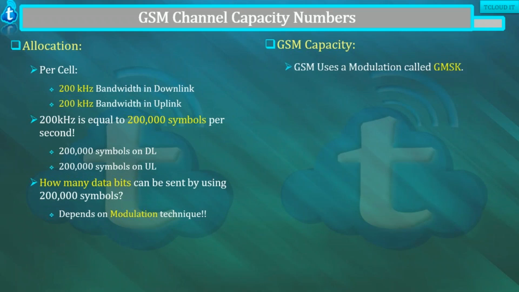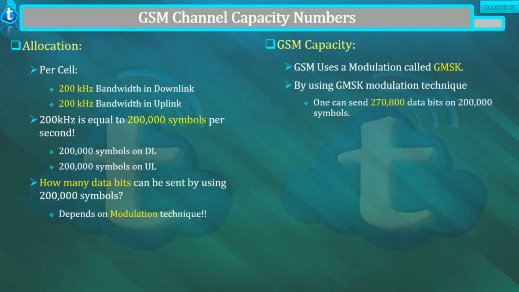Now, GSM technology uses a modulation called GMSK. By using this GMSK modulation technique, one can send 270,800 data bits by using 200,000 symbols.